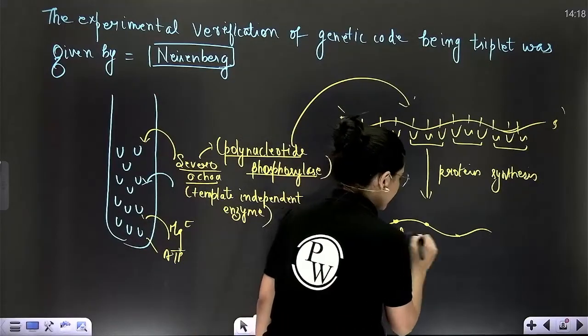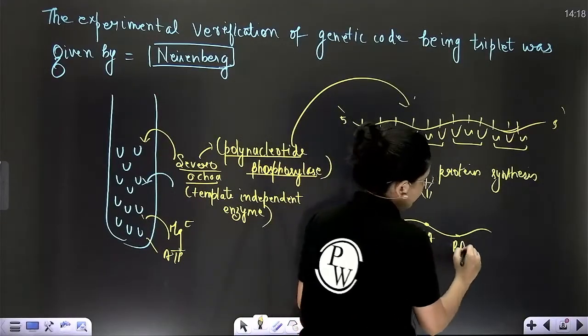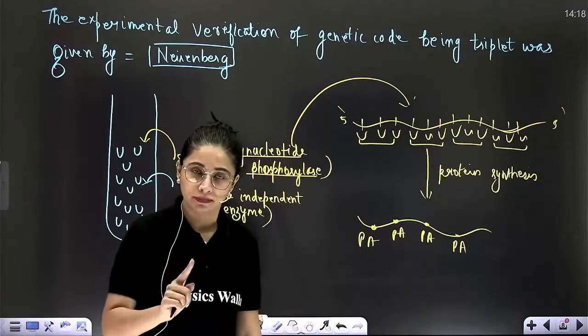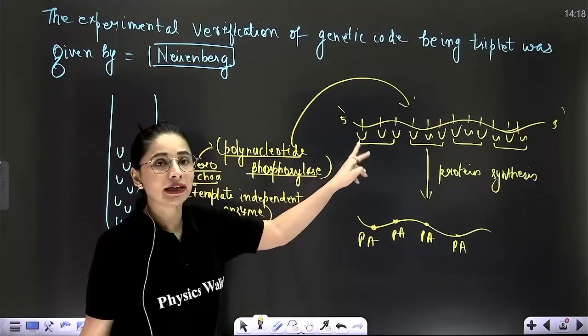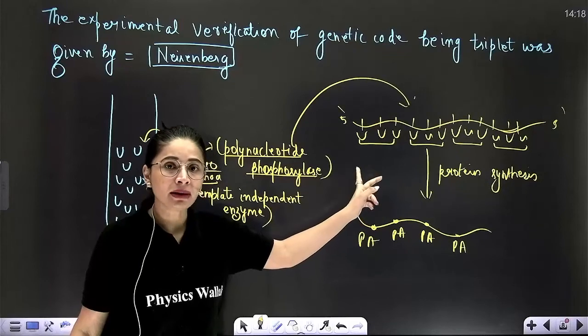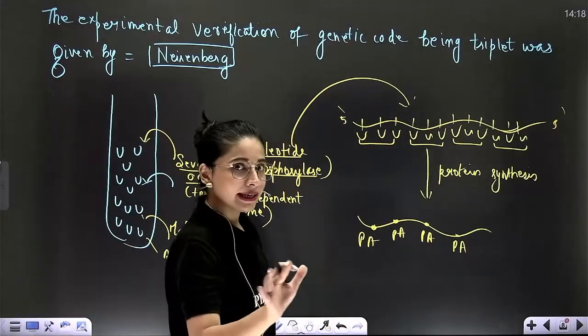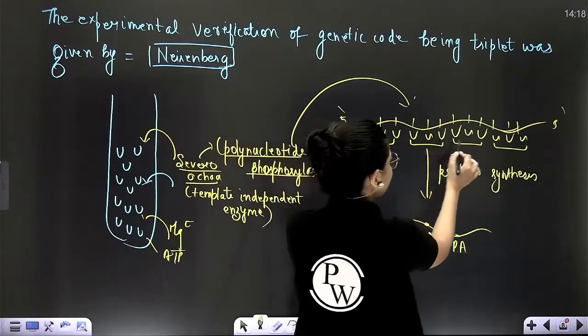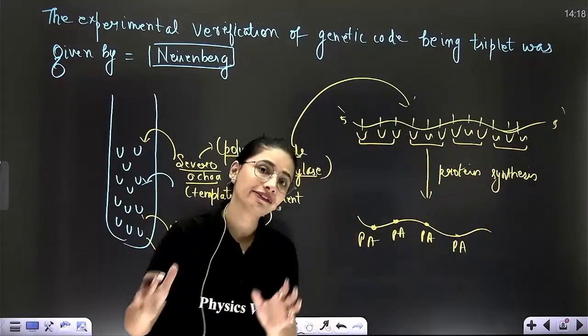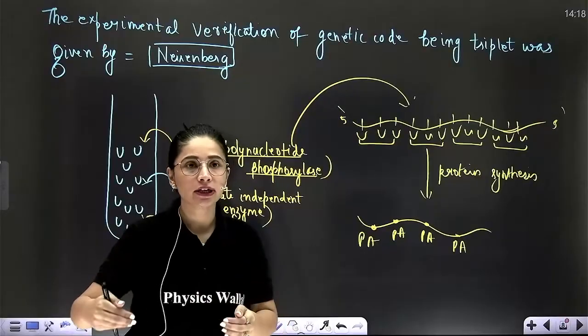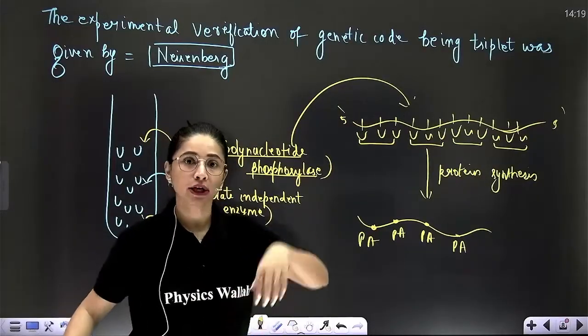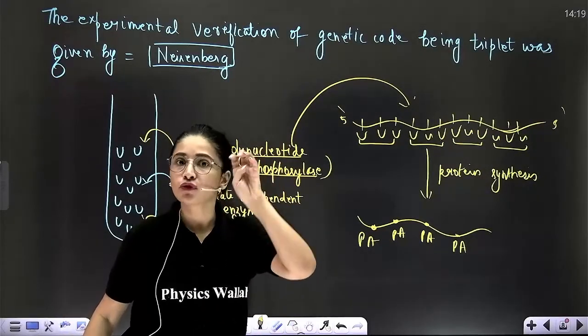So with this experiment, he concluded that definitely the genetic code is triplet. Why? Because he added nucleotides in multiples of 3. If the genetic code is truly triplet, then if he added 3, 6, 9, 12, if he added 12 nucleotides, then surely he should get a polypeptide chain of 4 amino acids.